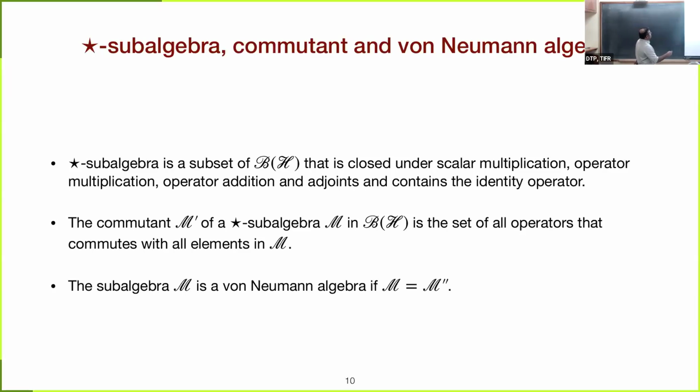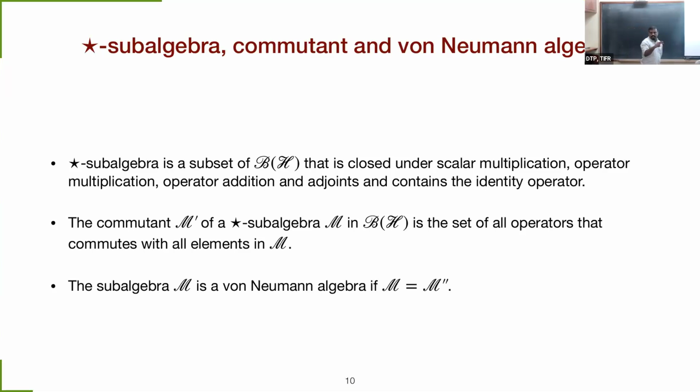Okay, so we'll briefly mention what you mean by a star algebra and some of the associated concepts in operator algebra. A star subalgebra is a subset of these bounded operators having the following properties. Any element in this subalgebra should be closed under scalar multiplication. If you take any two operators in the subalgebra and multiply them or add them, you should get back an operator which is again in the subalgebra.